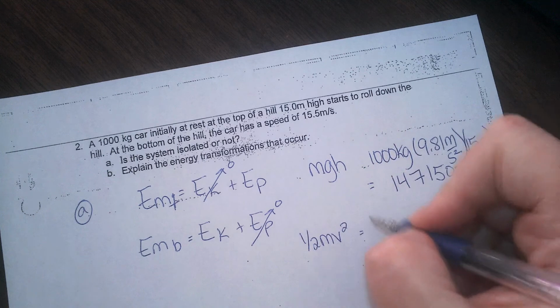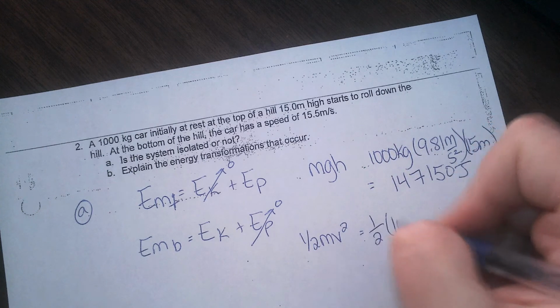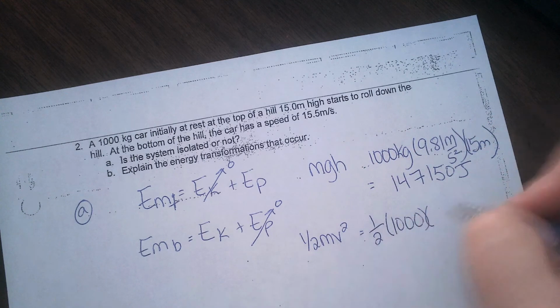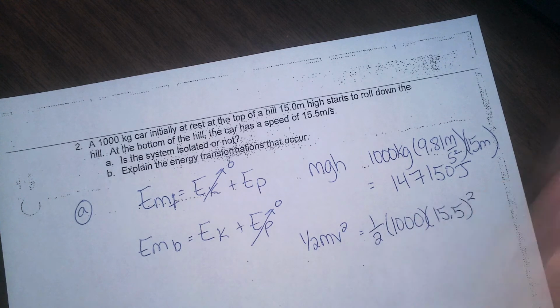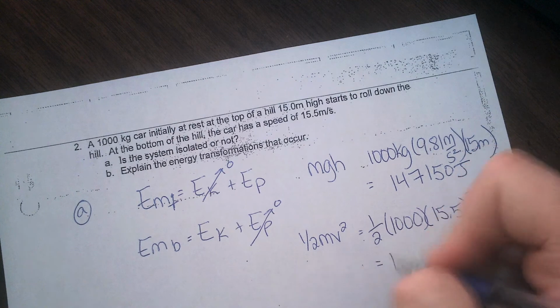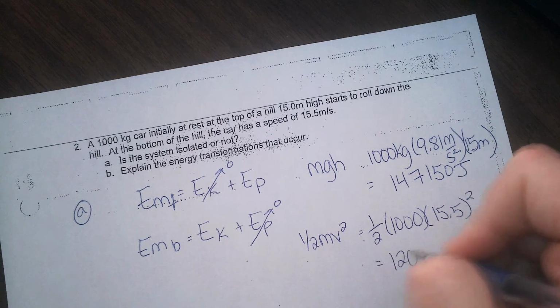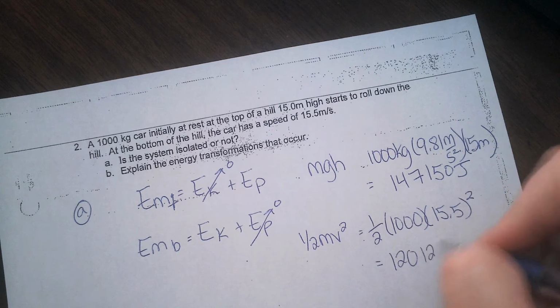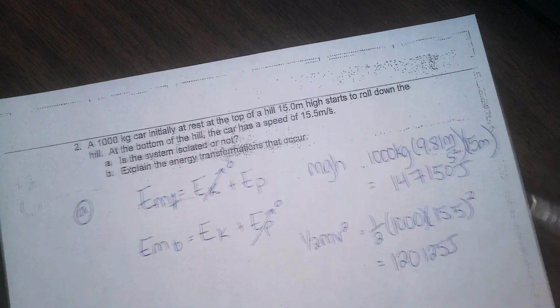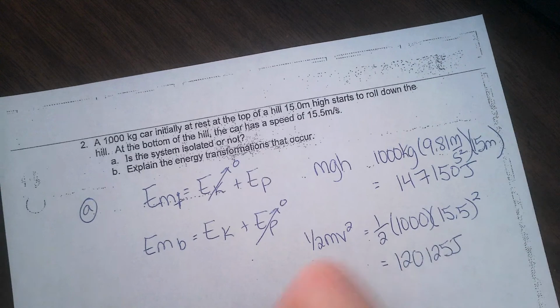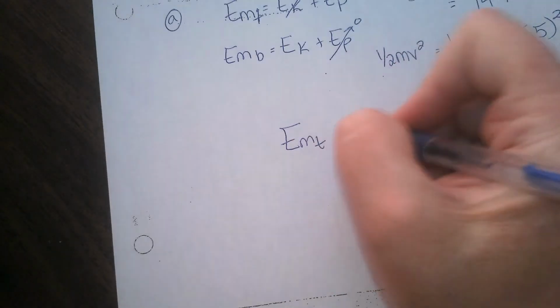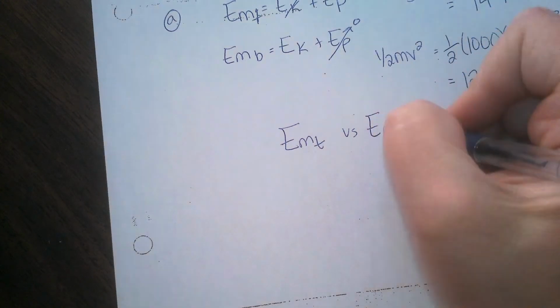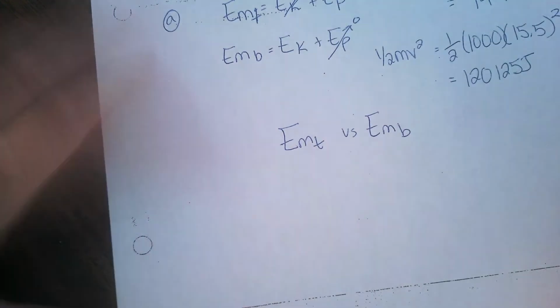So we're going to have 1/2 times 1,000 times 15.5 squared. And for this value, we're going to get 120,125 joules.